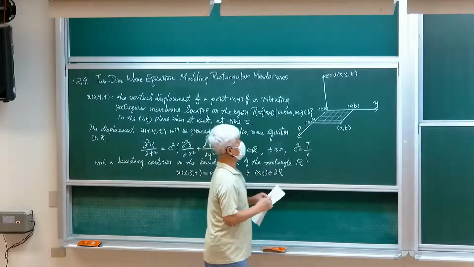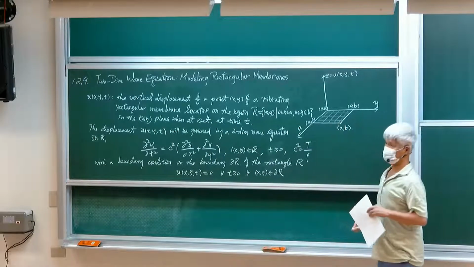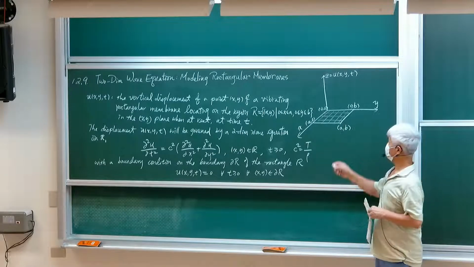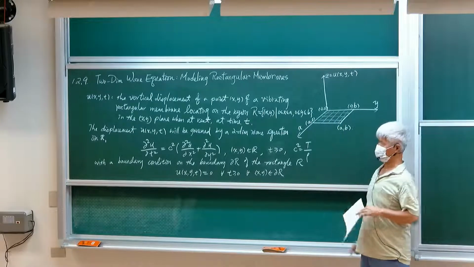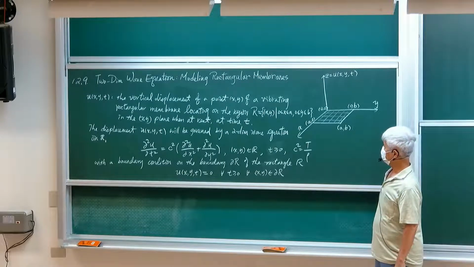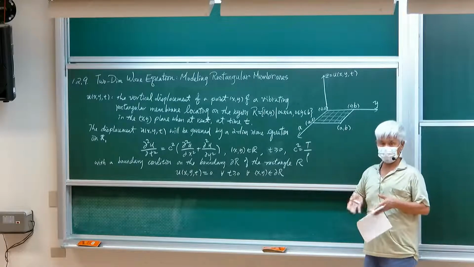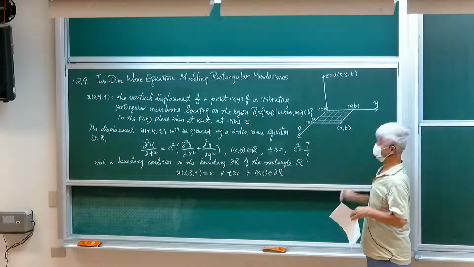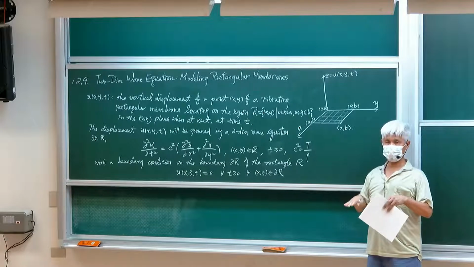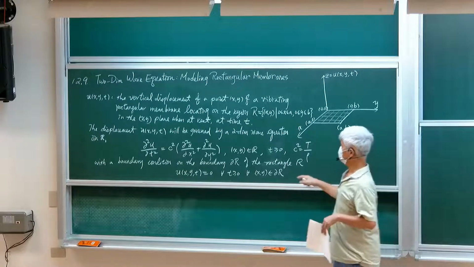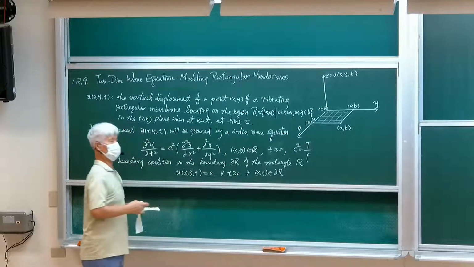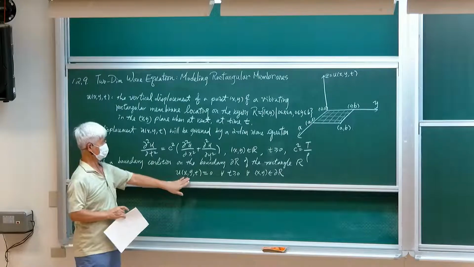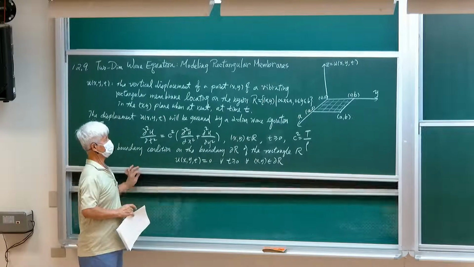The boundary of this rectangular membrane consists of 4 sides, and we assume that we fasten the membrane on the 4 sides on the plane, so that there will be no vertical displacement. So that is the zeros.